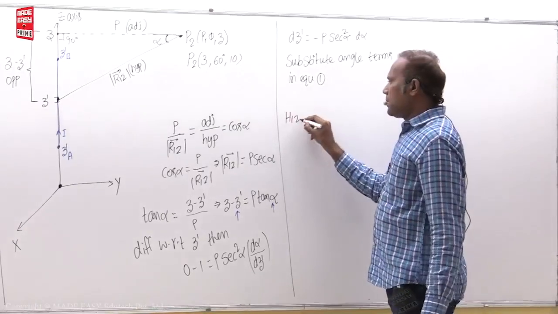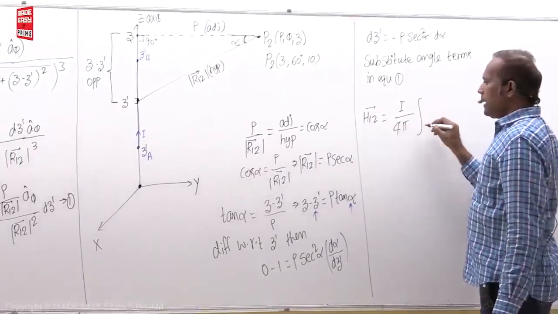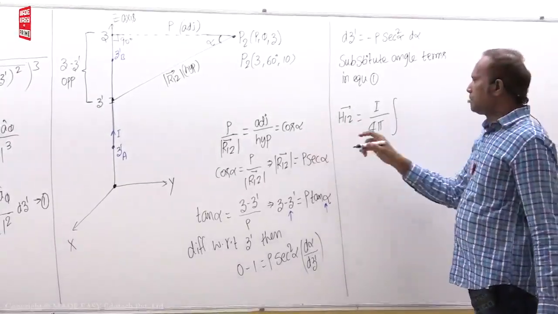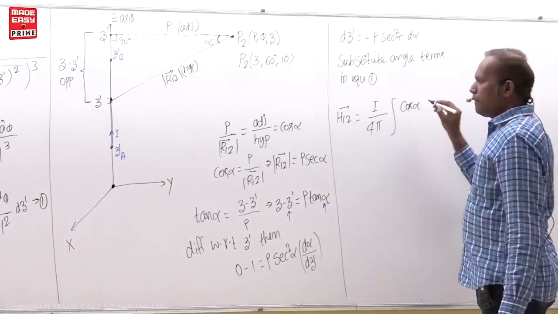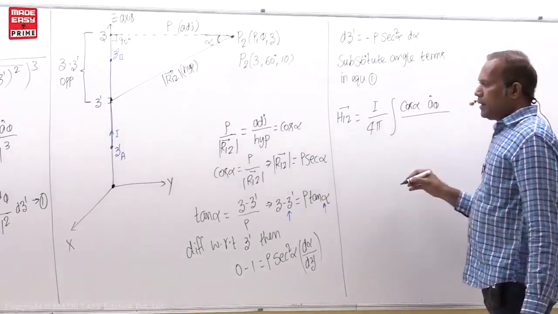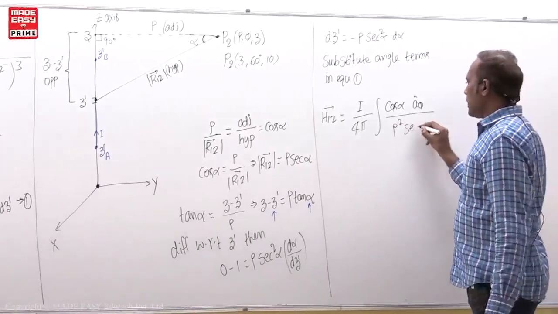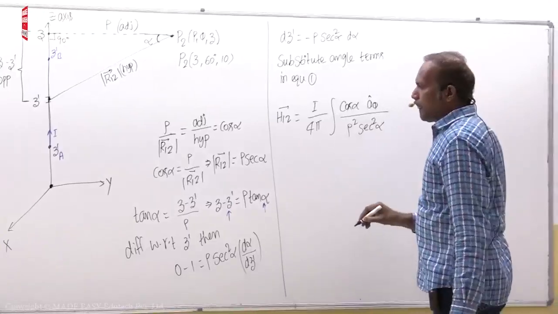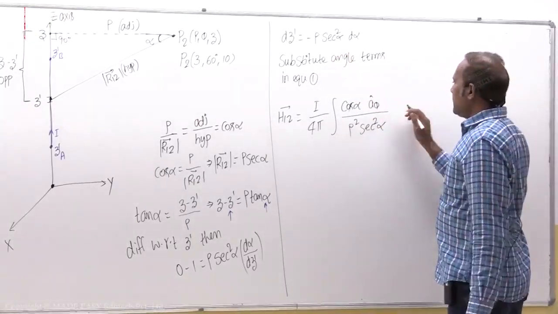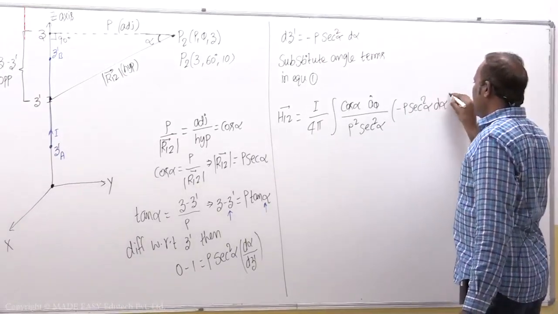Then H12 bar is equal to I divided by 4 pi integral, rho by mod R12 becomes cos alpha, a phi is the direction, divided by mod R12 is this one, whole square means rho square sec square alpha. Then dz dash is minus rho sec square alpha d alpha.